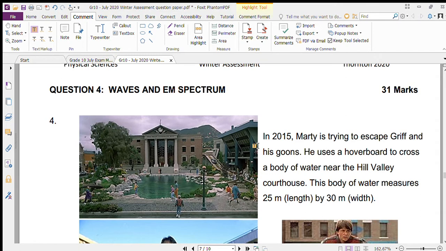So in 2015, Marty is trying to escape Griff and his goons. He uses a hoverboard to cross a body of water near the Hill Valley Courthouse. The body of water measures 25 meters in length by 30 meters in width. Okay, so you have the dimensions of the space now.